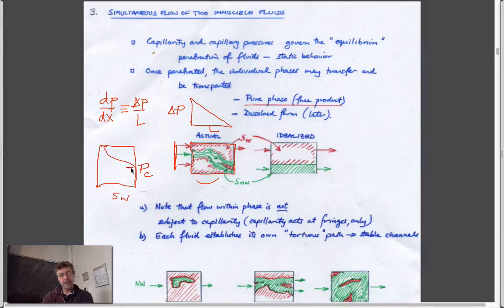If we apply this particular pressure here, then it occupies the biggest pore first and fills it, and then as you increase the pressure to some slightly larger amount, it will occupy the next smallest pores and smaller pores. So in other words, the green fluid here is occupying the largest pores. So imagine now that we could centrifuge it somehow and get all the big pores that contain the green fluid down at the bottom of the sample and the little pores with the water at the top of the sample.